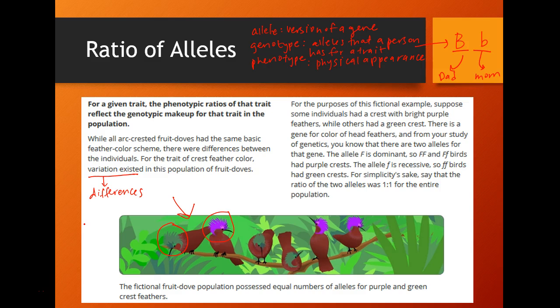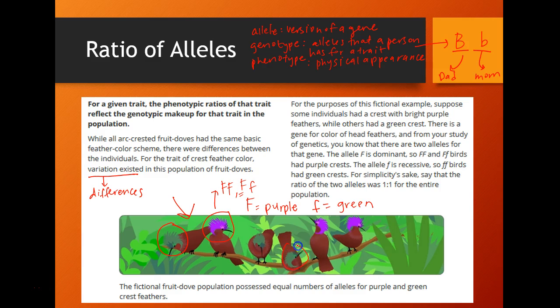So if we were to look and see which one was dominant and which one was recessive, we're going to say that the big F, or the dominant, is the purple, and the little f, or the recessive, would be the green feathers. Okay, so that means that the purple ones here could be big F, big F, or big F, little f, because this one is dominant.